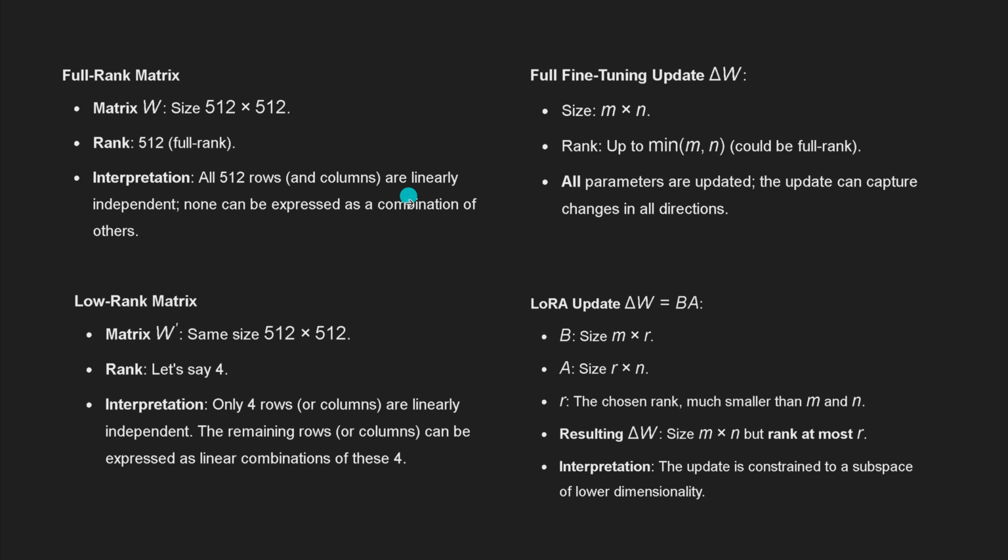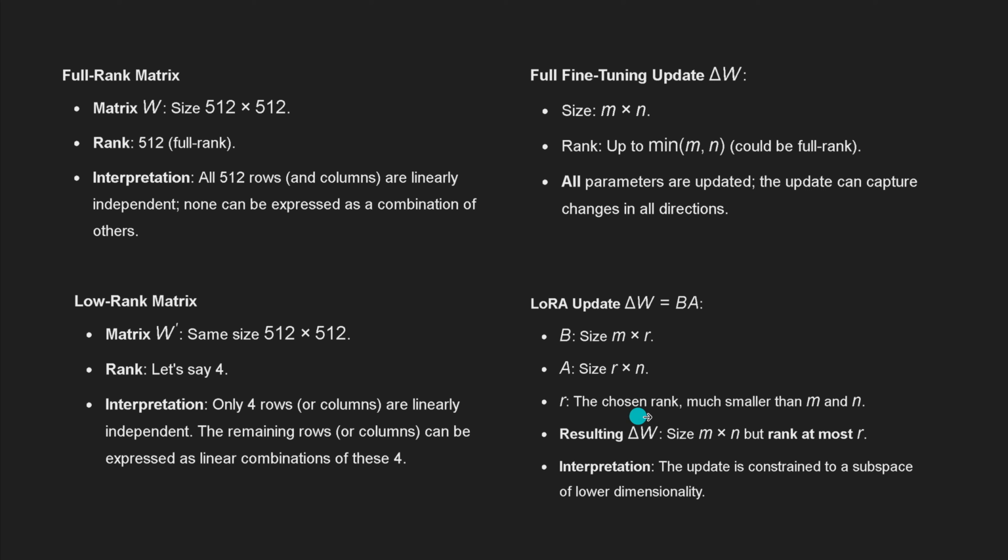Now, contrary to this, if we have a low rank matrix, like in LoRA, we also have the matrix size 512 times 512. But the rank is, let's say, 4. So this means that only 4 rows or 4 columns are linearly independent. And the remaining rows and columns can be expressed as a linear combination of those 4. This means if we now apply this to the LoRA update, W0 plus this delta weight, with LoRA we have simply a matrix multiplication.